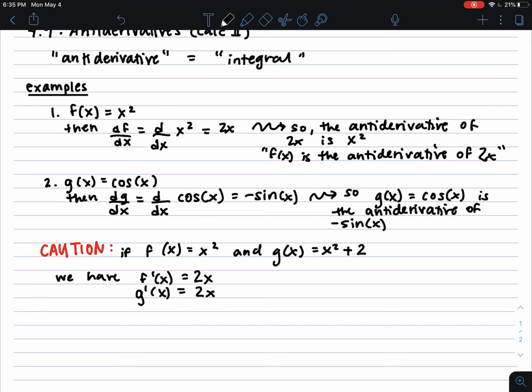So the question is, is x squared or x squared plus 2 the antiderivative of 2x?